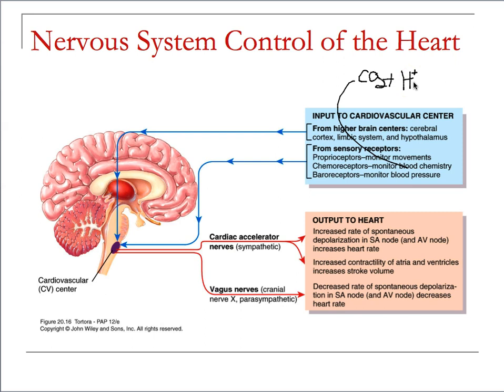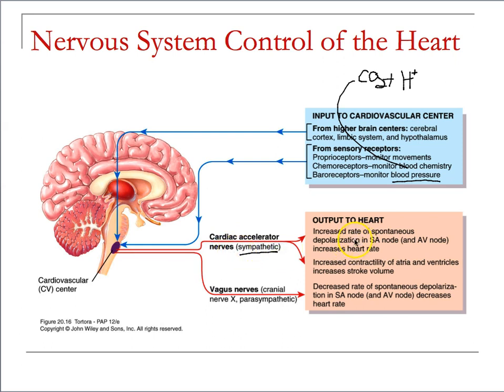Oxygen, you need that. Okay, and baroreceptors, they're going to monitor blood pressure, and we'll see where that happens in a few minutes. What's going to happen? Notice these are the blue lines traveling in, information input, sensory input. Now this is motor output, but the motor output here is part of the sympathetic nervous system.